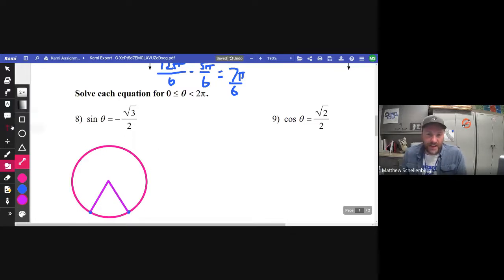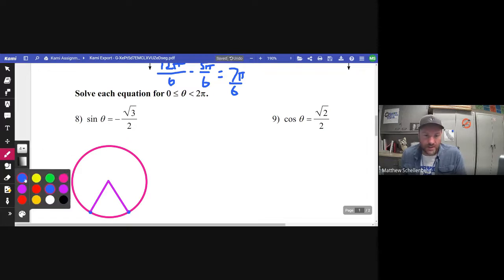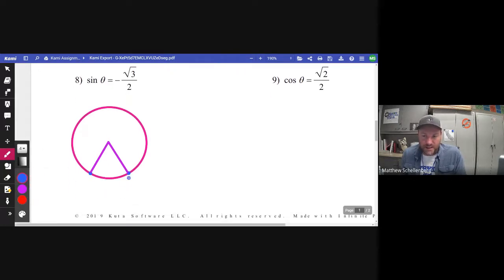That's okay. And you'll notice if you look at your unit circle that this point here is 1/2, comma, negative root 3 over 2. And this point here is negative 1/2, comma, negative root 3 over 2.